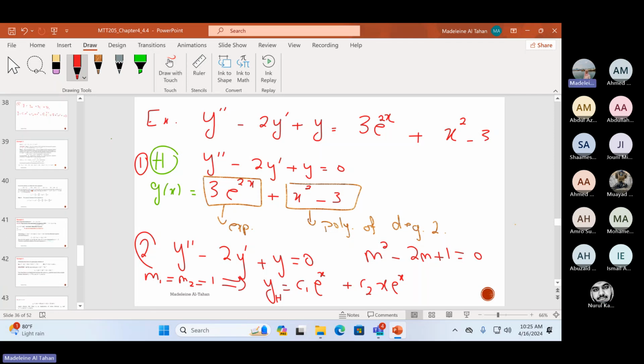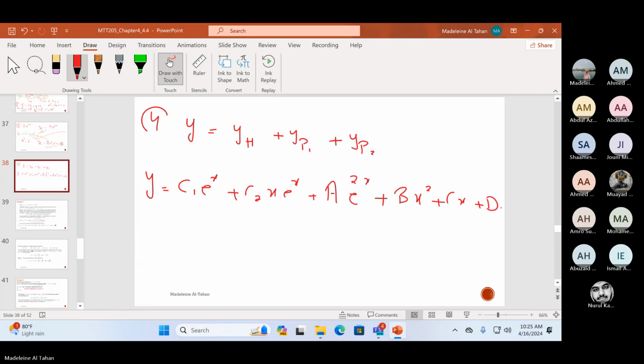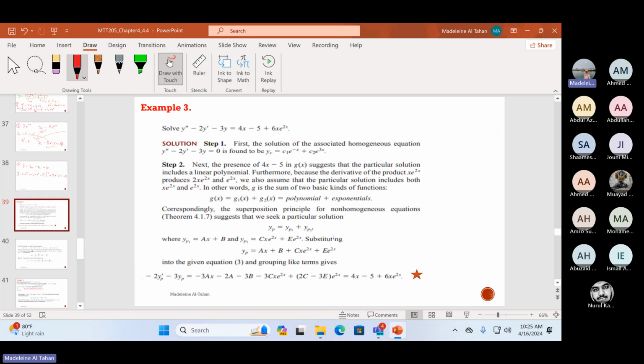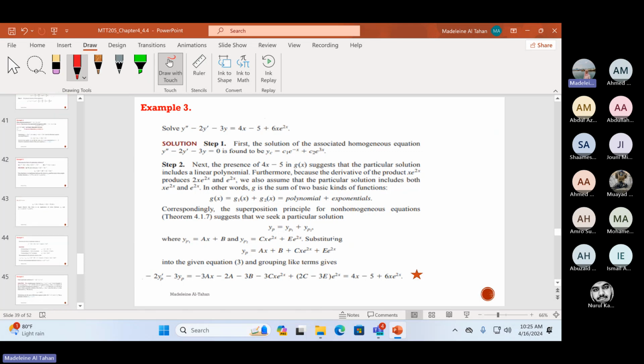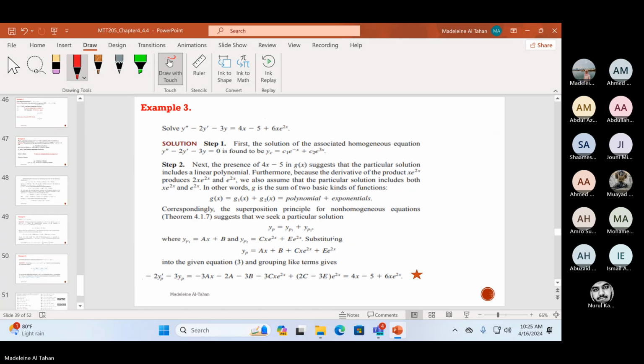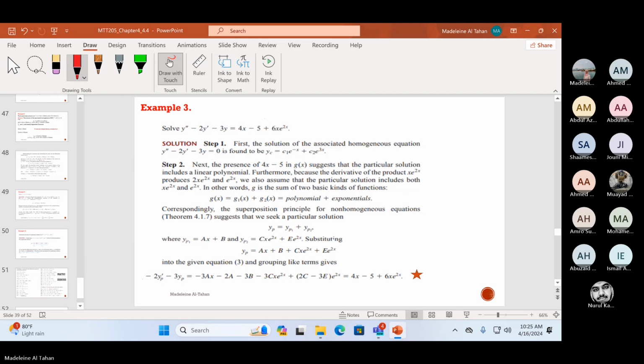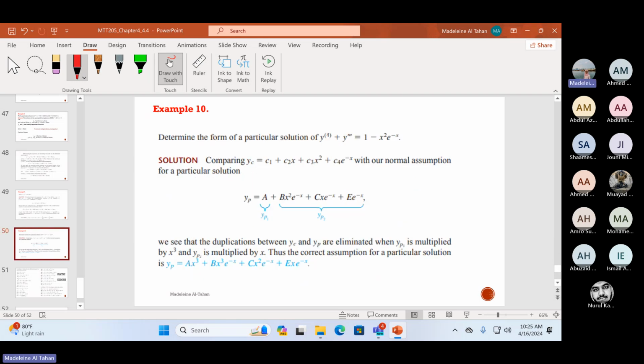Do we have any questions so far, miss? Here, we can solve something like this one. Let me check which examples we can solve. Okay, maybe we can solve this one. Let's think about this example: y fourth derivative plus y triple prime equals 1 minus x squared times e to the negative x.